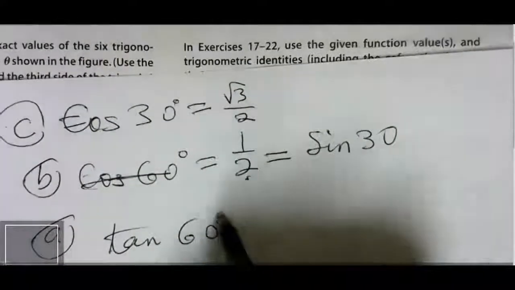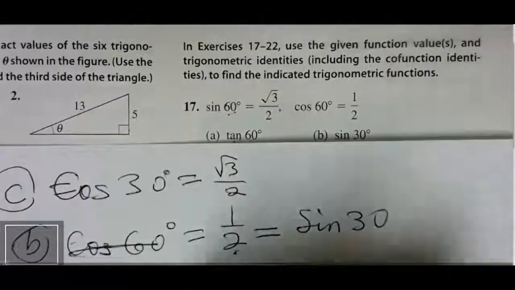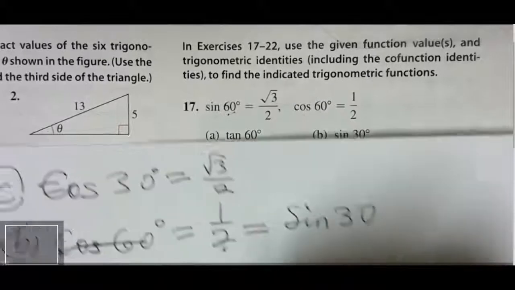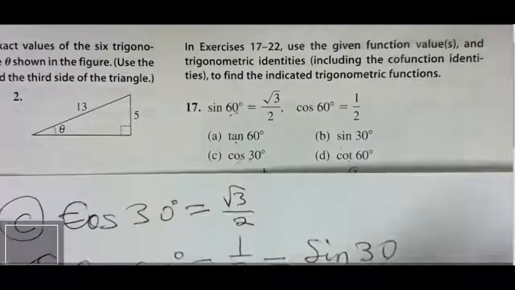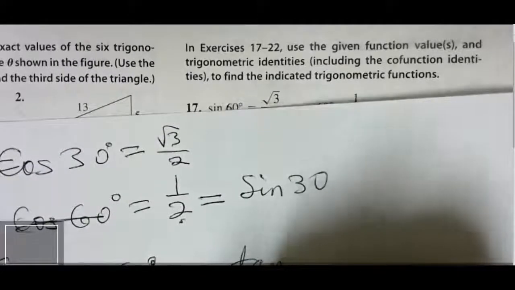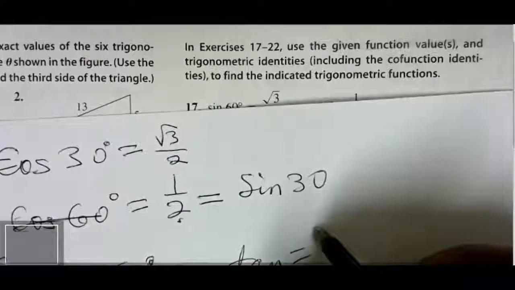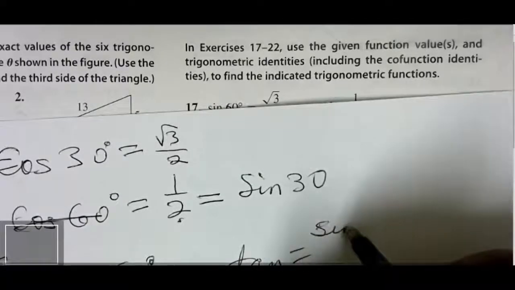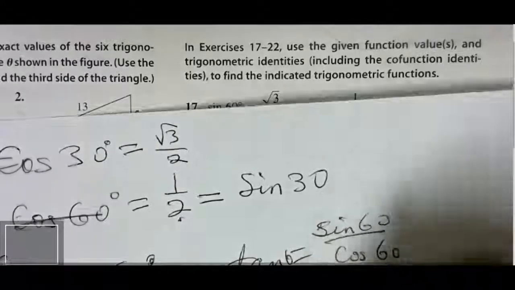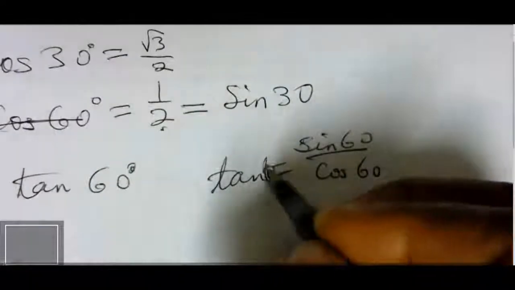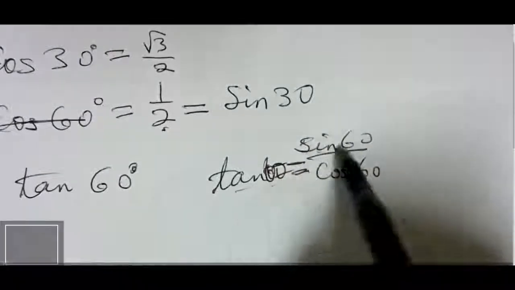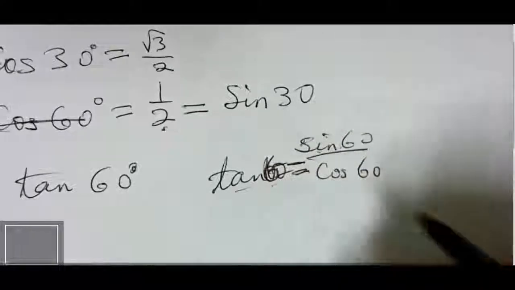We know from the identity that tan is opposite over adjacent, so tan 60 is going to be sine 60 over cosine 60.